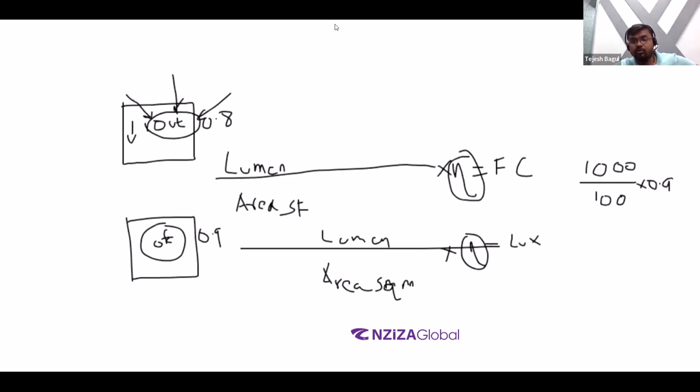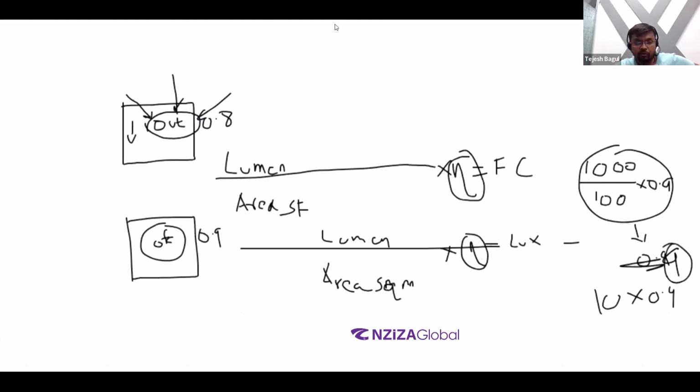So the foot candles for this particular equation: 10 into 0.9, that will give us a 9-foot candle number for the given office.